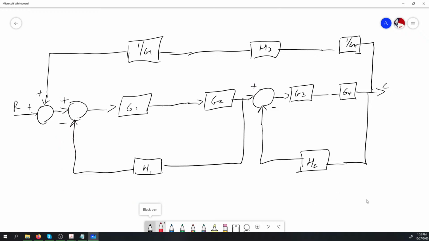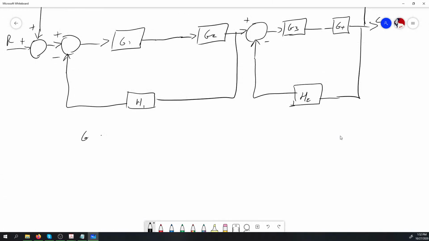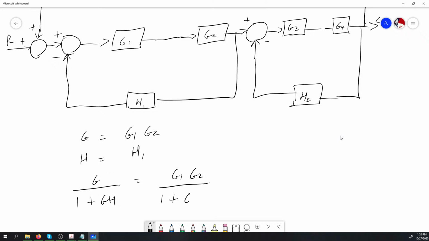Right. So let's do the mathematics for reducing our first negative feedback system here accordingly. Our G block here is going to be G1, G2, and our H block here is going to be H1. So we basically know this is going to be G over 1 plus GH. This comes as G1, G2 divided by 1 plus G1, G2, H1.